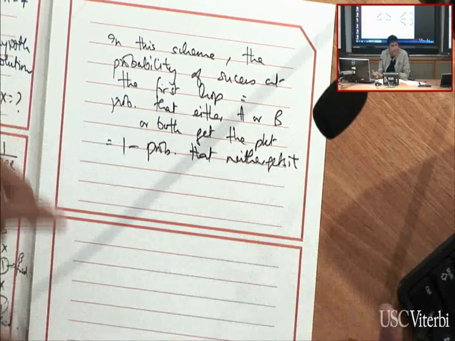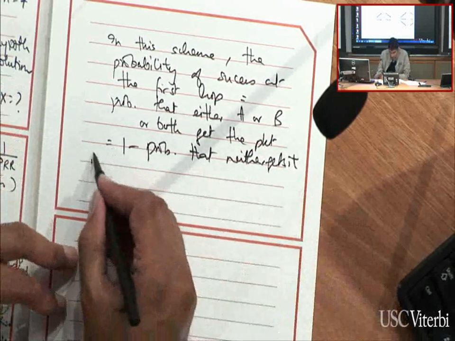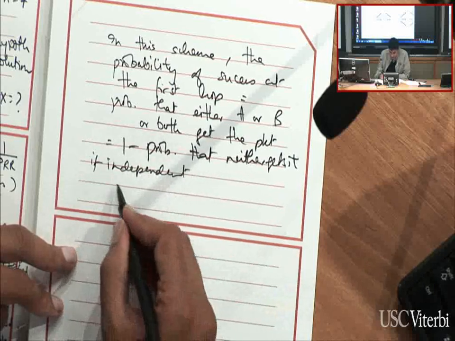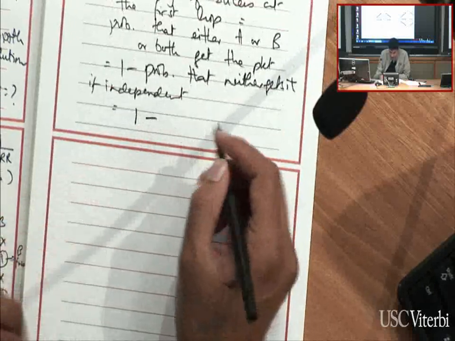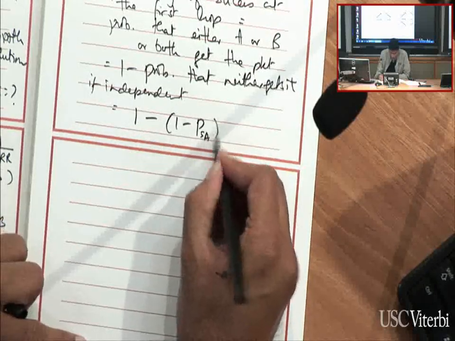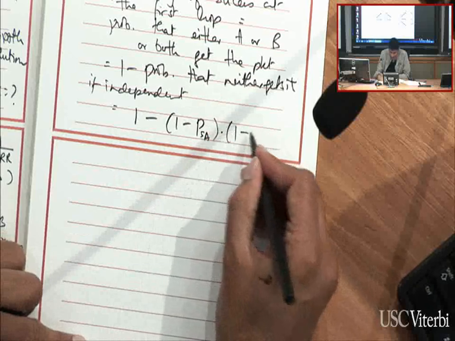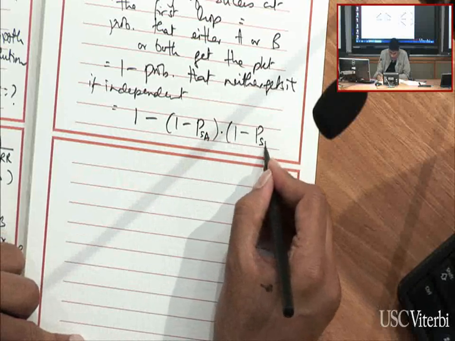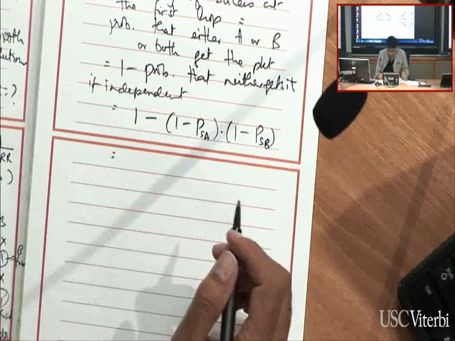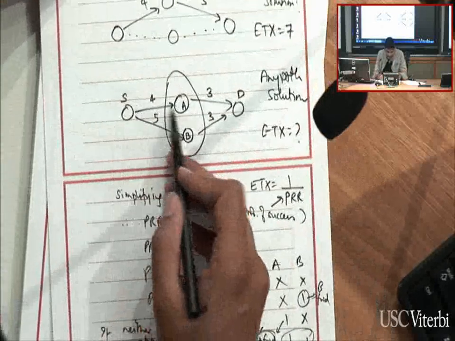And if these are independent events, we're going to assume that they are independent. So if independent, it's equal to 1 minus the probability of the packet getting from S to A times 1 minus the probability of the packet getting from S to B. And we said that the probability of S to A is 1 over 4.